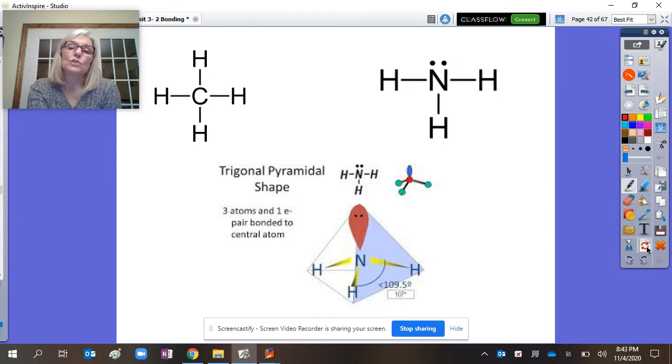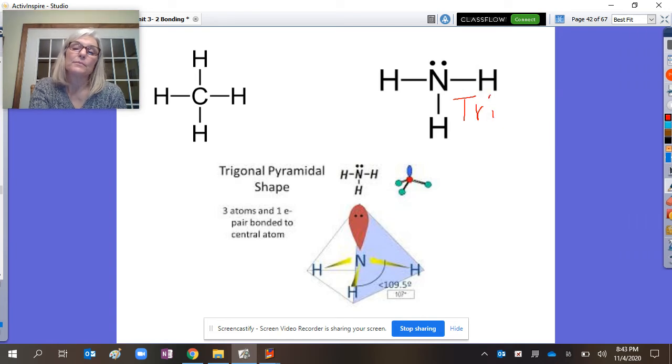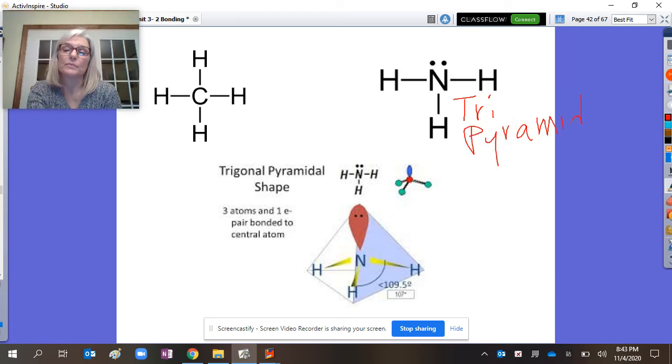If you're doing your worksheet, you would put the name of your shape, and this was a trigonal pyramidal. And then you would also put the bond angle, and this would be less than 109.5. And this is what it would look like.